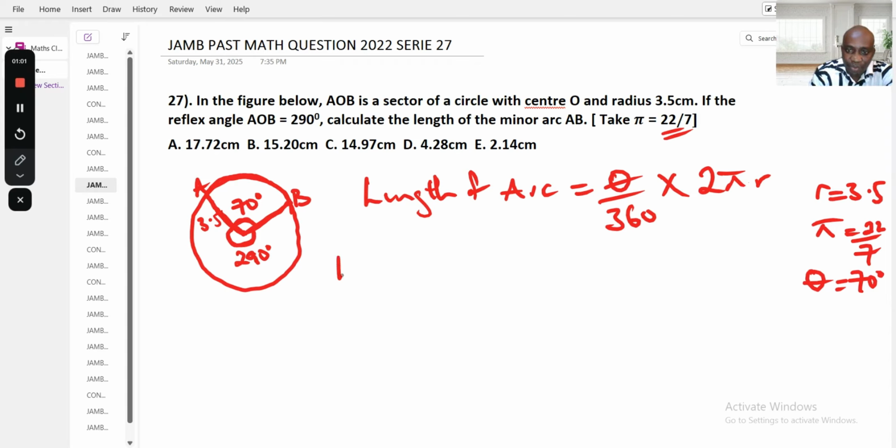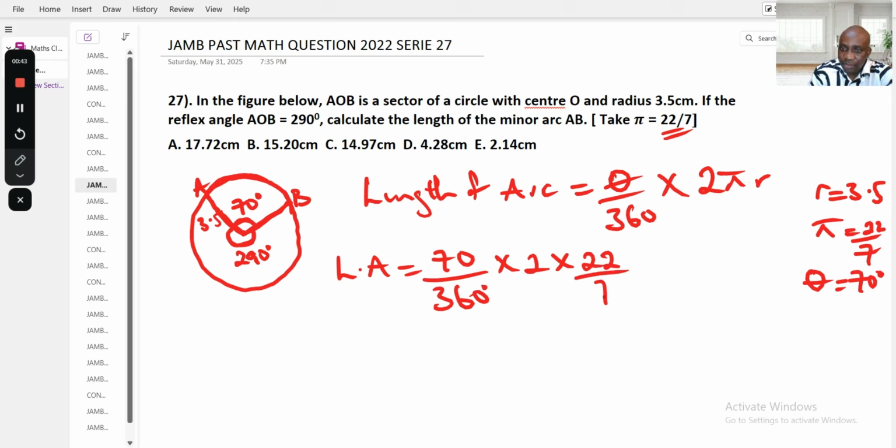What is length of arc? Let me shorten it, LA, length of arc. What is our degree here? It is 90 degrees, what we calculated in here, over 360 degrees, multiplied by 2, multiplied by 22/7. What is our radius? 3.5 is our radius based on what the question gives us.